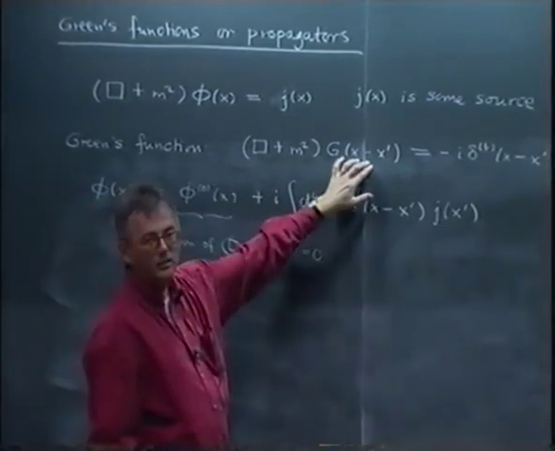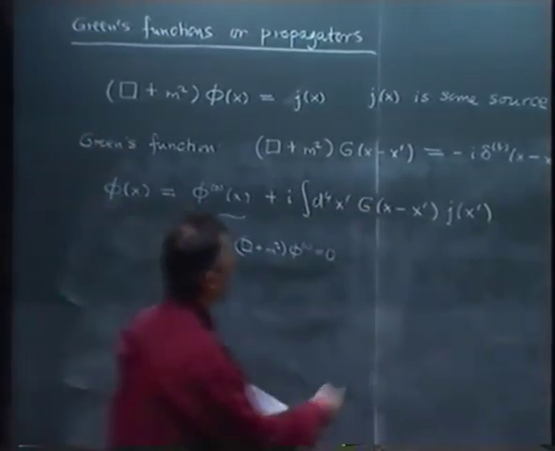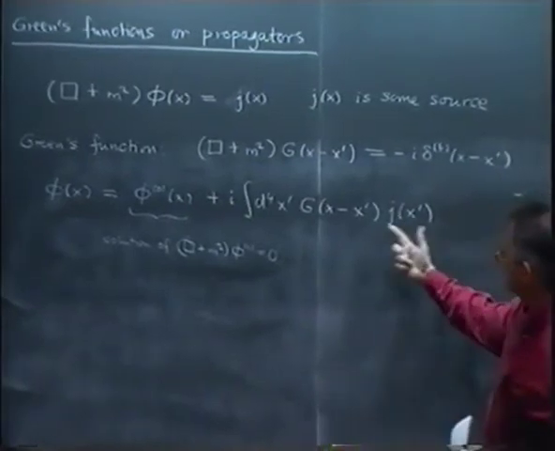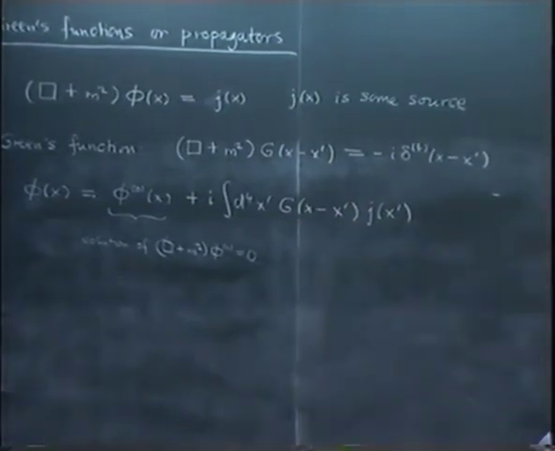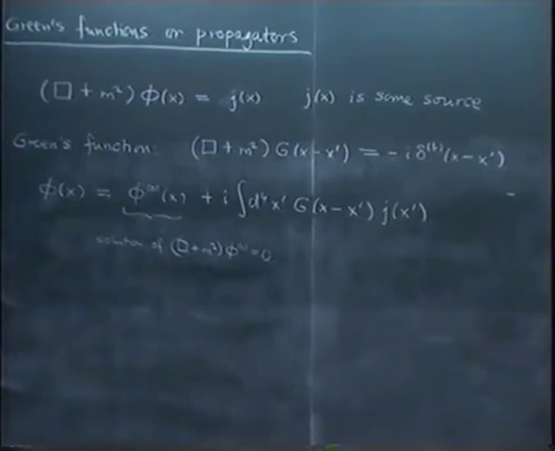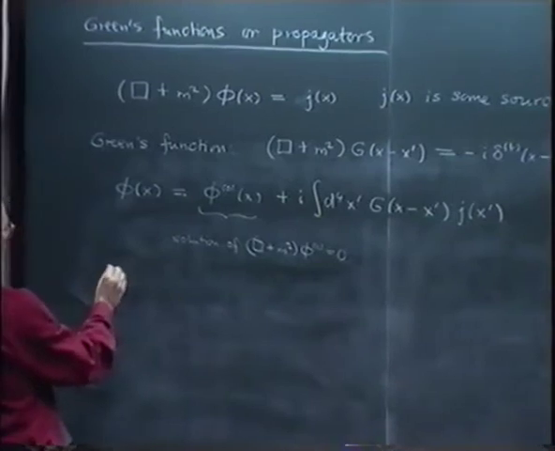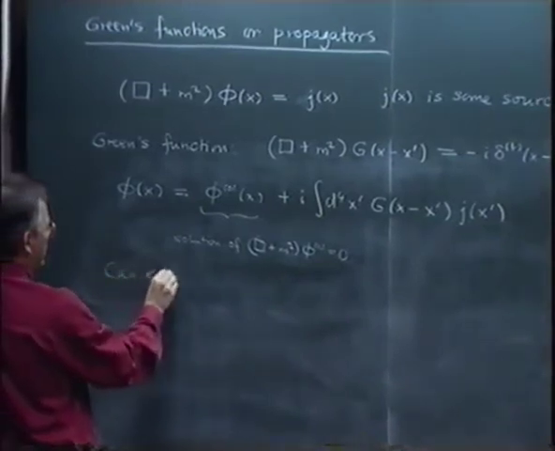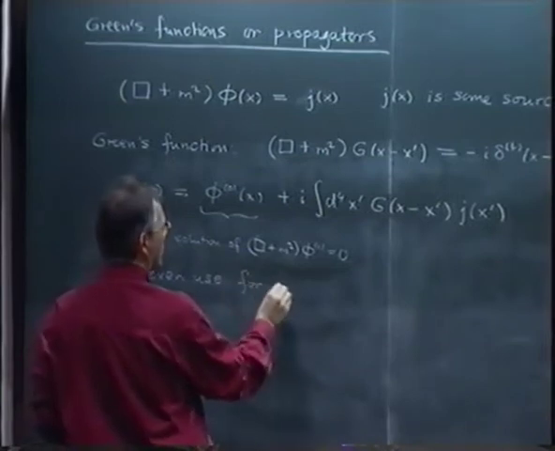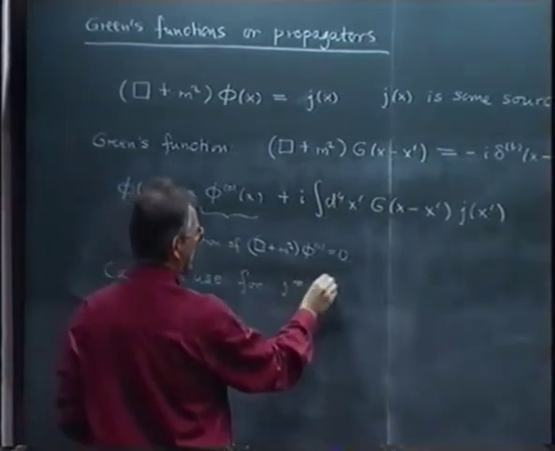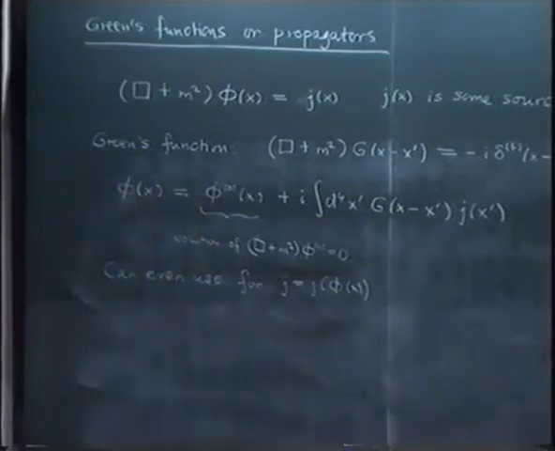given that you can calculate this Green's function, then you can really solve this equation by integrating the source term with this Green's function. Now this can even be used classically, you can even use this for j, which is a function of phi itself. For example, phi cubed.